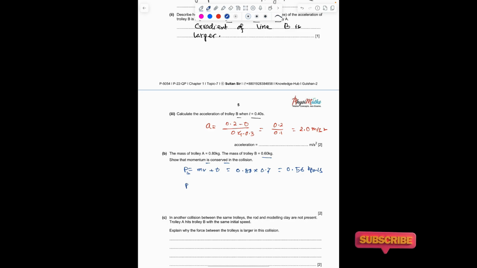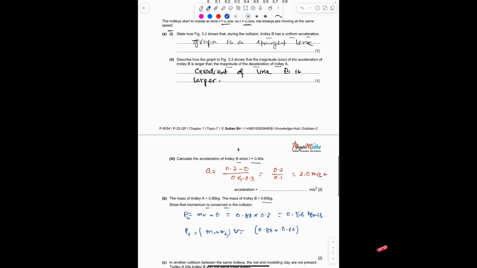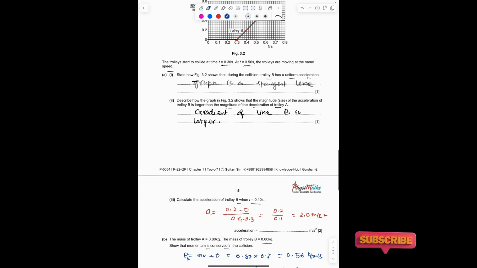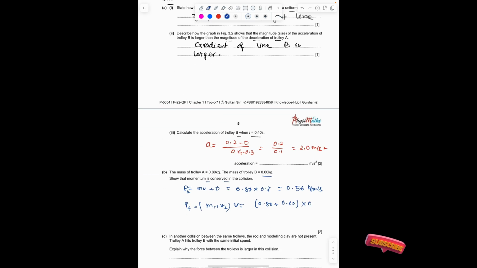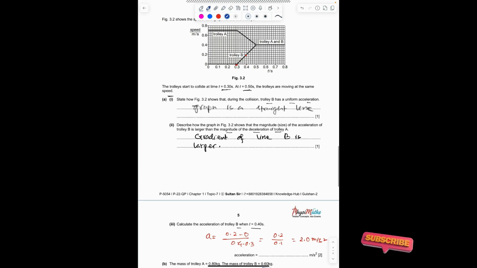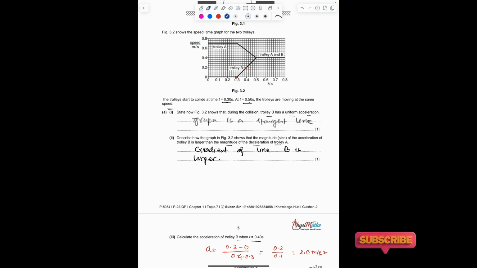After collision means final momentum, they stick together, (m1 plus m2) times v. So one is 0.80, another is 0.60, and their common speed is 0.4, which is also 0.56 kg meter per second. So momentum is conserved. If you have doubt, you can check it. Say this is 0.4.